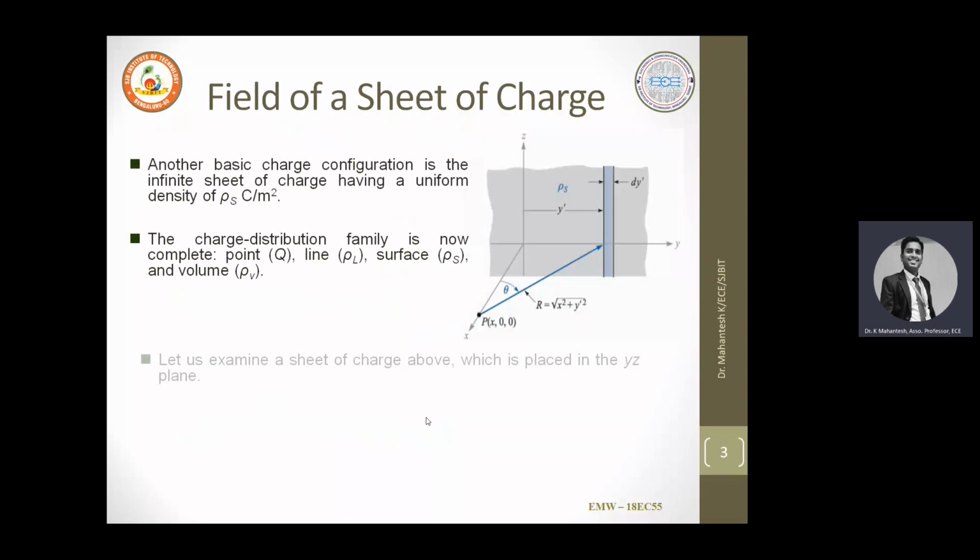So now let us place a sheet of charge in such a way that it lies on the YZ plane, and again consider symmetry.